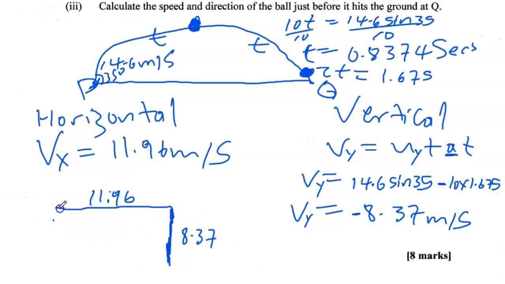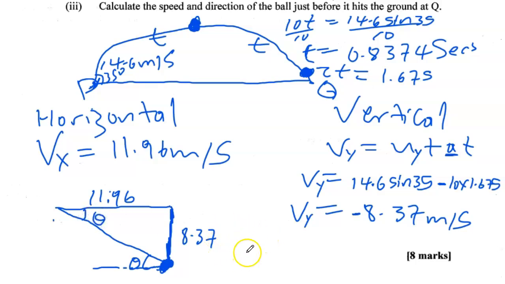So in terms of the diagram, the ball will hit like that at an angle. So maybe we can calculate this angle. This is the angle it will hit the horizontal with. This angle is theta. This alternate angle is also theta.